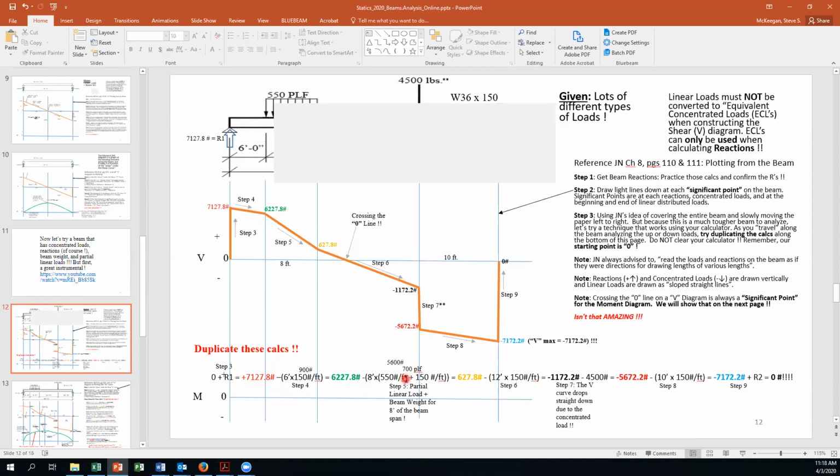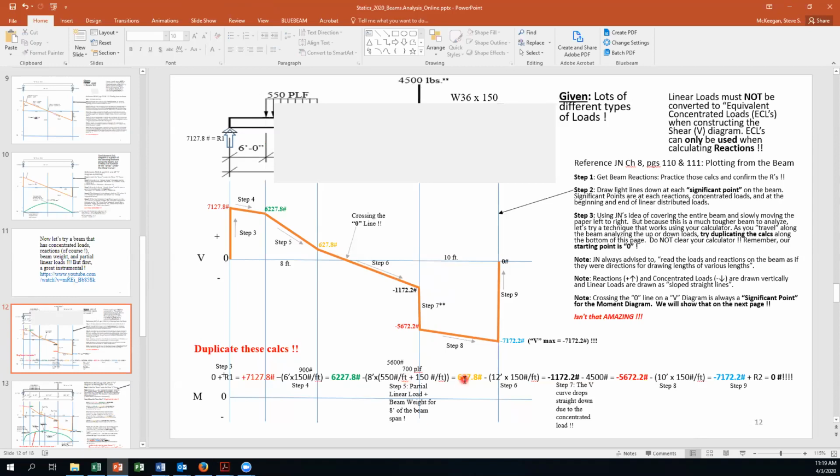And when we finally end, I'm going to give you a really nasty looking one, give you the answers and see if you can run it in your calculator step by step. That's the key, you want to start looking for that pattern. On beam B3, there's only 1 linear load, which is beam weight. Good question.